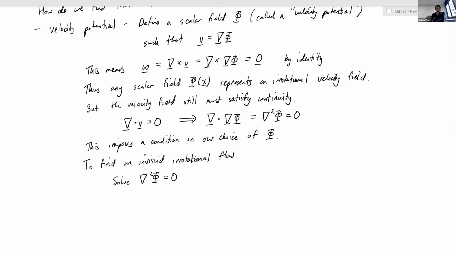Once we solve this equation, then we can use the fact that the velocity is the gradient of the potential to find what we want, which is the velocity field, right? To find velocity.